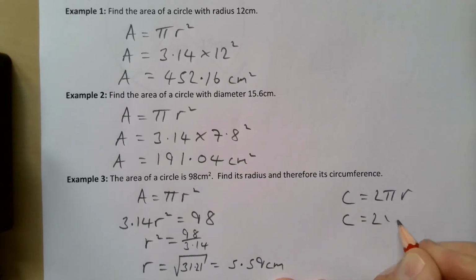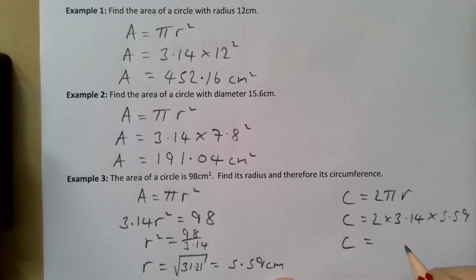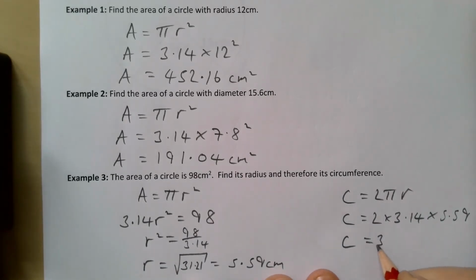Circumference then is 2 multiplied by 3.14 multiplied by 5.59. I've just kept the number in the calculator so it's a little bit more accurate. Hopefully that's okay. And we have 35.08 centimeters.